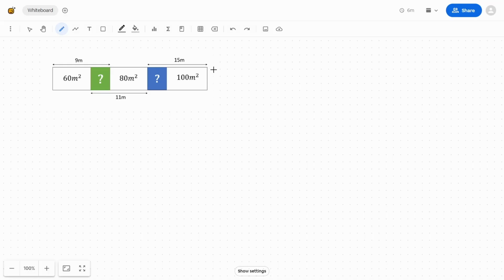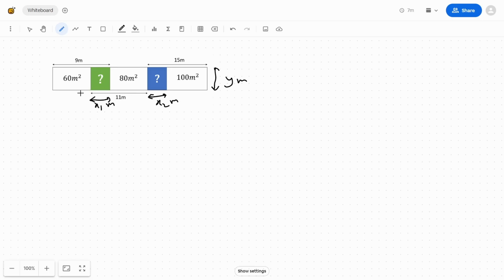So first of all, we would assume that the width of this rectangle is y meter and the length of these smaller rectangles is x2 meter and this one is x1 meter.